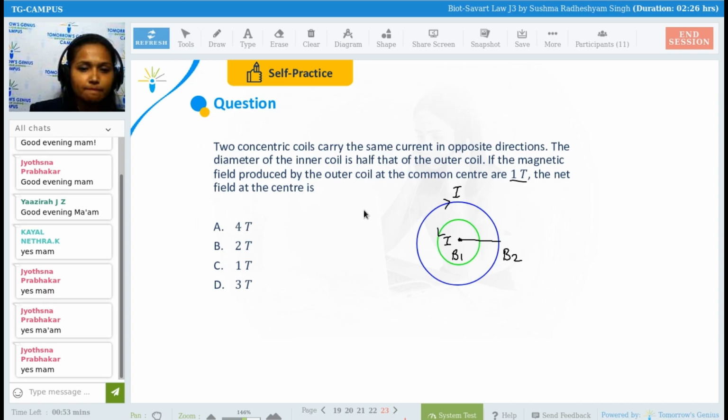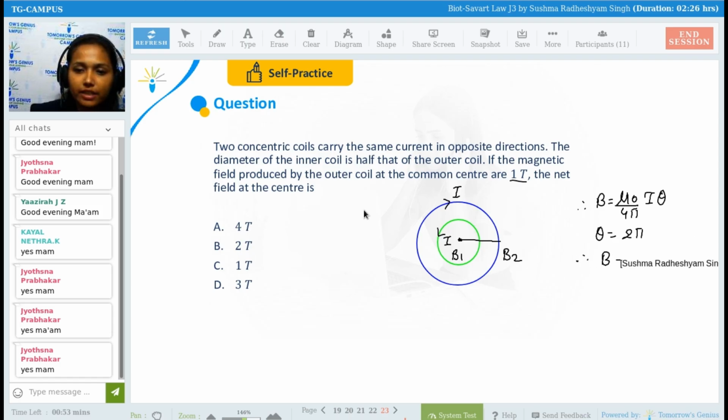See, students. Here we also use the magnetic field formula due to an arc, which is mu naught over 4 pi, I theta over R. But now this is for a circular loop, so theta is 2 pi.